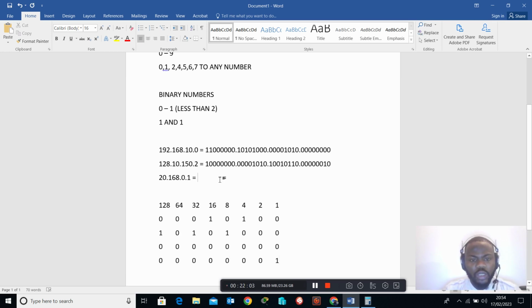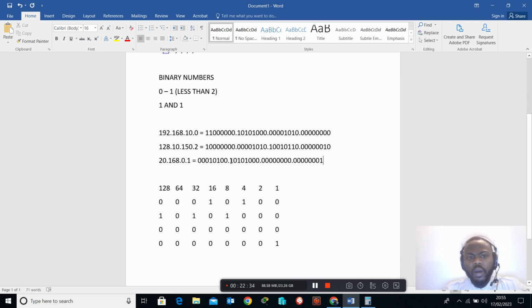So the answer to this is 20, which is 00010100 dot 10101000 dot 00000000 dot 00000001. So this is how you do decimal to binary.